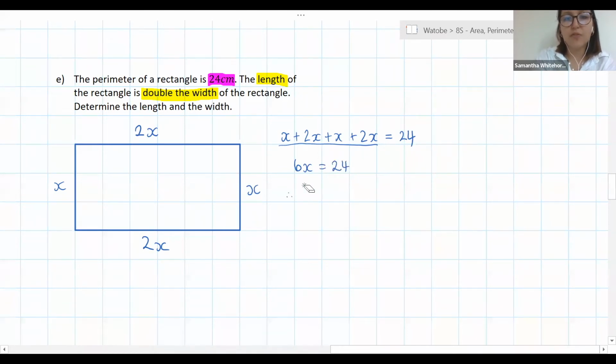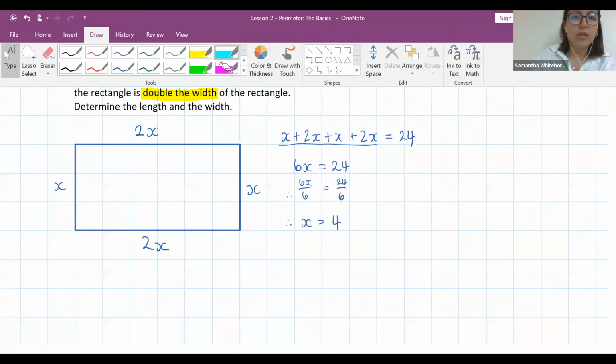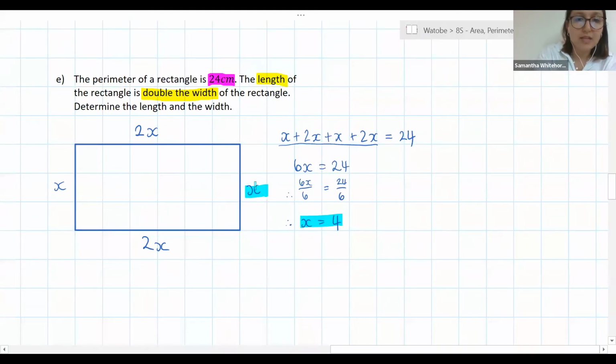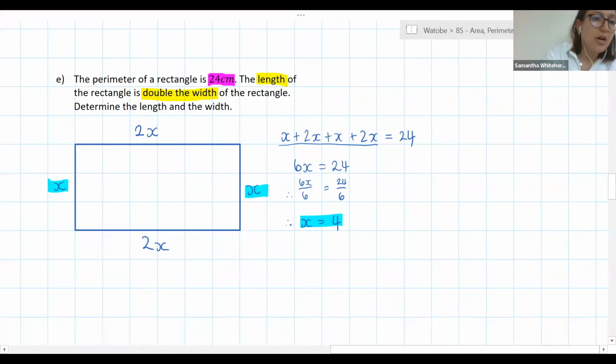To solve for x, I would divide both sides by 6. And we know that 24 divided by 6 gives me 4. Remember, we are saying that the breadth is equal to 4 centimeters, so each of these is 4 centimeters.